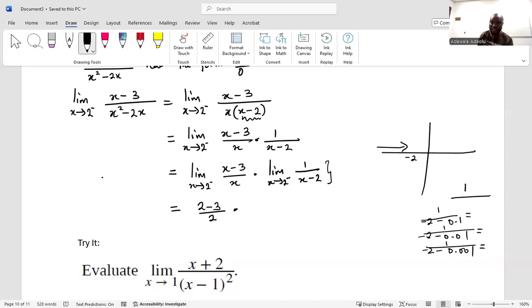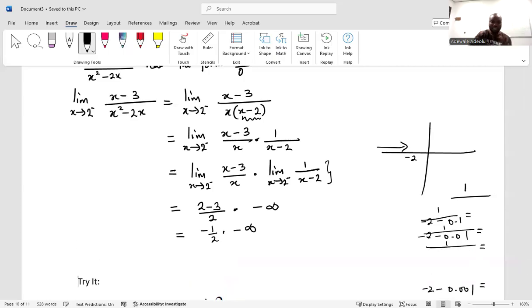It ends up that it keeps going that way, then it is negative infinity. And now this is minus 1 over 2 times minus infinity. So you are multiplying a very big negative number by negative 1 over 2, so it becomes positive infinity.